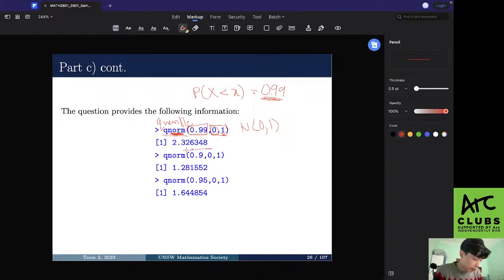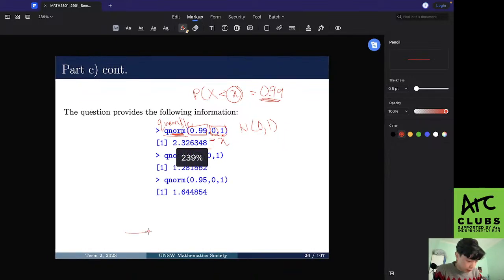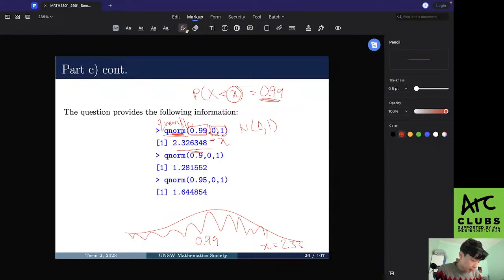And the value we get right here is actually the x value right here. So what this says is, for a probability of 99% in our normal distribution, this x right here, which is 2.33, this probability sum is going to be 0.99. Why is this important to us?